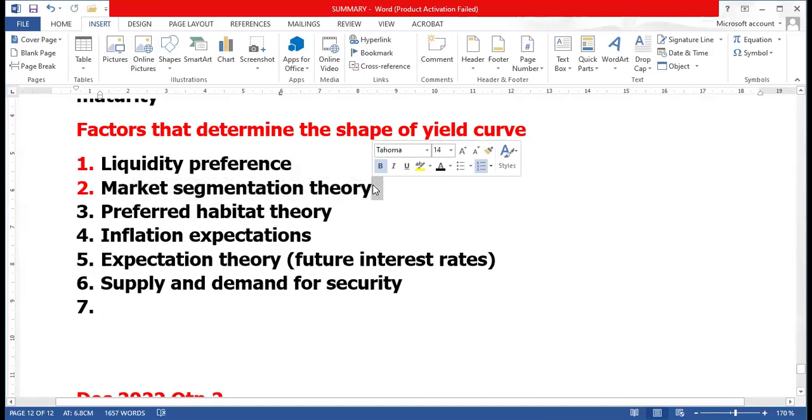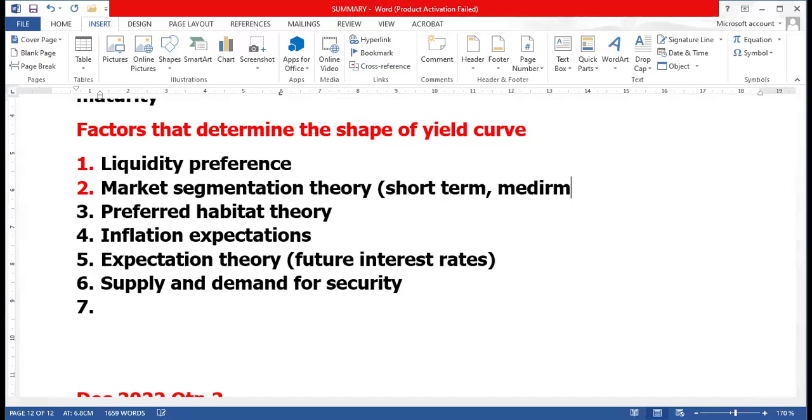Here, market segmentation theory. The market is divided into segments. You find that you have the short term, the medium term, and the long term.